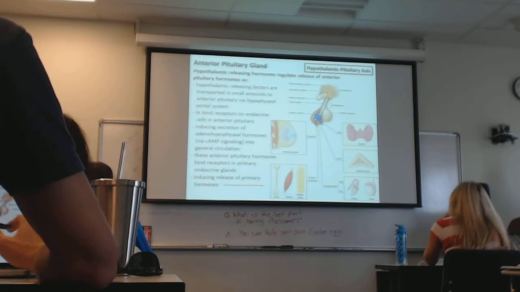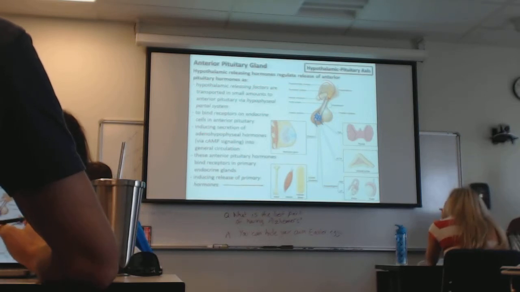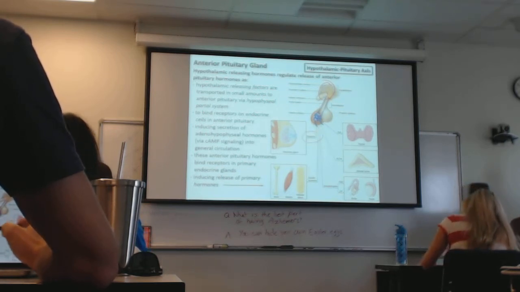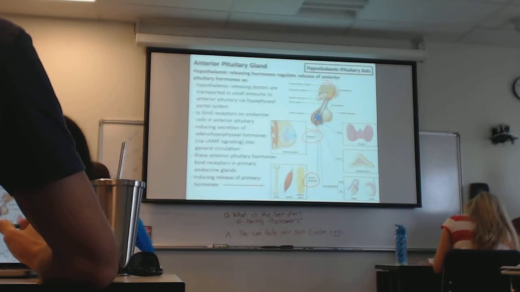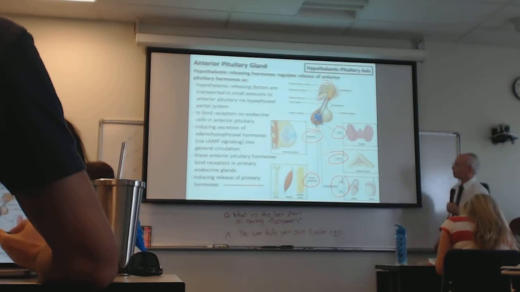So here are our hypothalamic parvocellular neurons. They're releasing their hormones to the anterior pituitary, and then, as we've indicated, the anterior pituitary is going to release its own hormones. You're going to have to memorize these, including, for example, prolactin, growth hormone, thyroid stimulating hormone, adrenocorticotropic hormone, and the gonadotropins, FSH and LH. We say there are usually 6 of these.